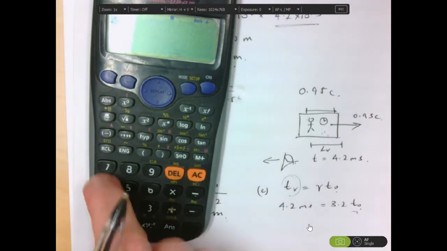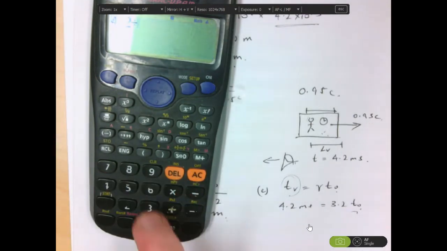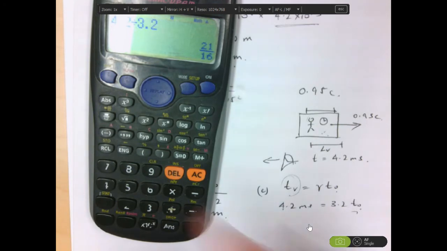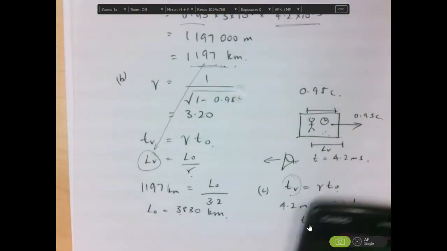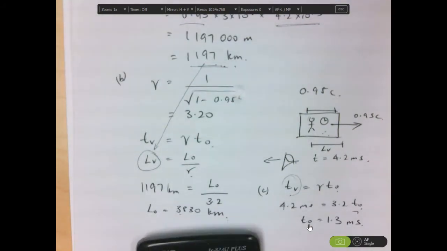So it is 4.2 divided by 3.2, which is T naught equals 1.3 milliseconds. Which I've got correctly. I've just got the second answer on the worksheet incorrect, unless I've done something stupid here. Okay, so that is question 6.